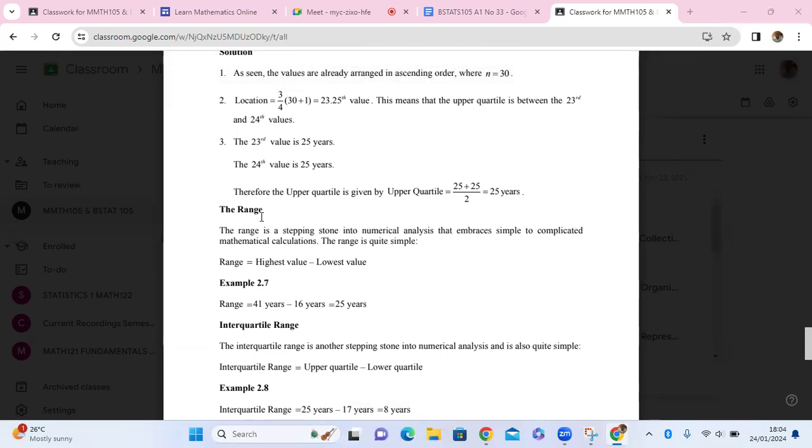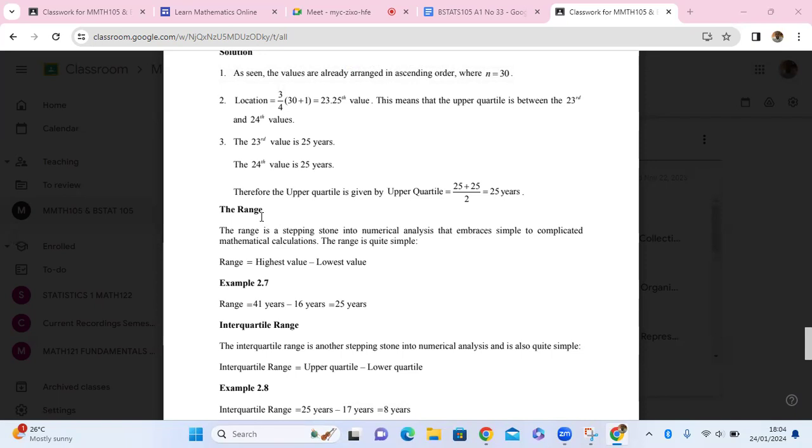You're using numbers to describe a set of numbers. These numbers are called descriptive measures, descriptive numbers, and since we calculated them from a sample, they are called statistics.